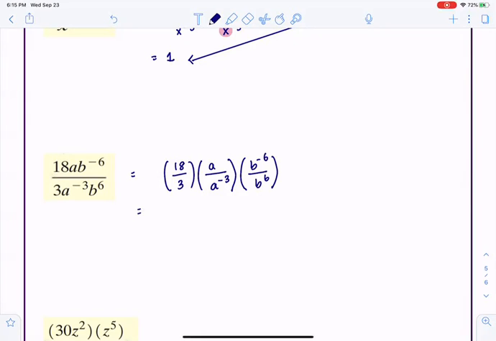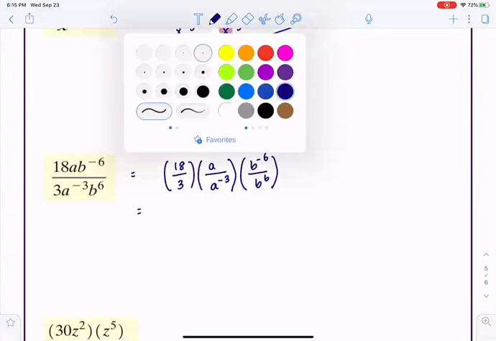So as you can see, I've grouped all the numbers together, the a terms together, the b terms together, and I'll put a note here.